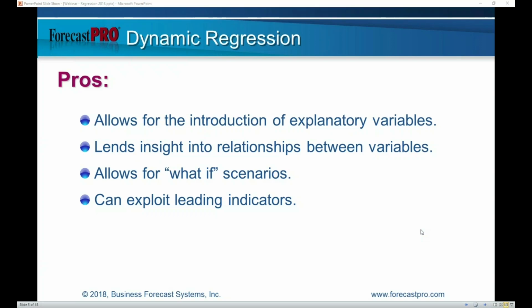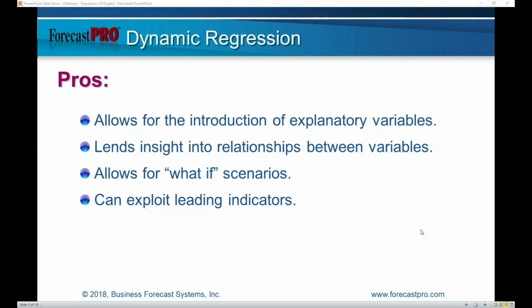If I'm in a company that's manufacturing doors, I can watch housing starts, and I know that if housing starts show a big increase, that's going to lead to an increase in demand for my products, for the doors. But it's not going to be concurrent, because the first thing you do when you take out a building permit is not to buy the doors. You need to excavate the site, you need to lay a foundation, you need to do the framing, and it's probably a good 6 months before you actually order the doors.